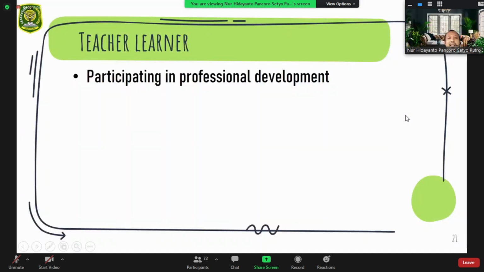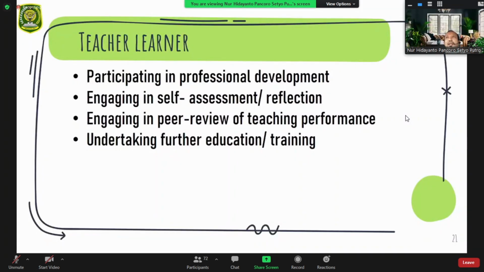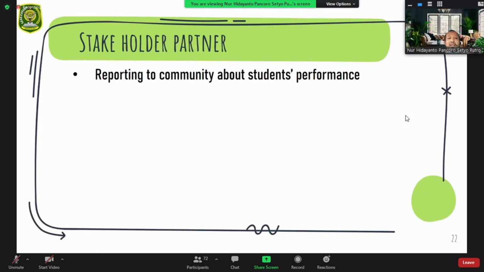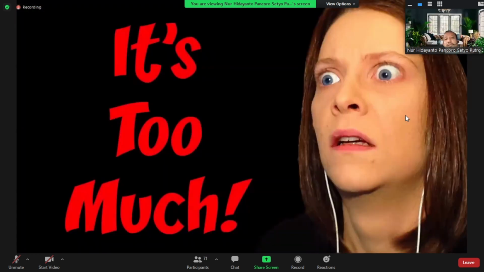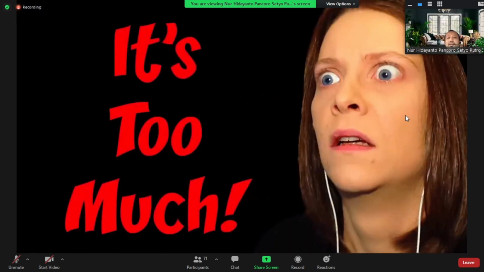Okay? And then the next one is teacher learner. Yes, we are doing this one. Although we are teachers, we are still learning about our job. And then the last one is stakeholder partners. Okay, so stakeholder partners means that we are the friends of students' parents, kepala sekolah dan lain-lain. That is a stakeholder partner.